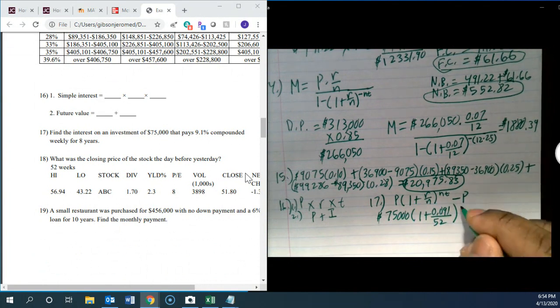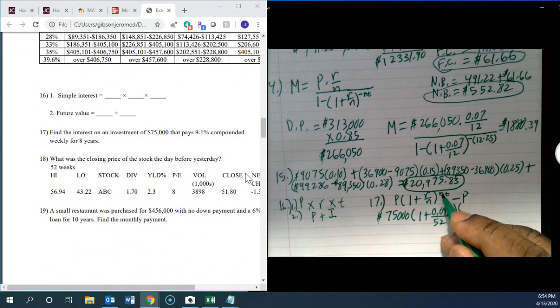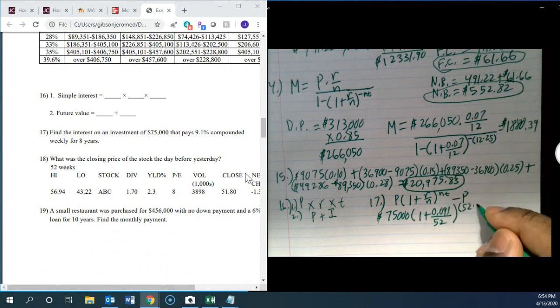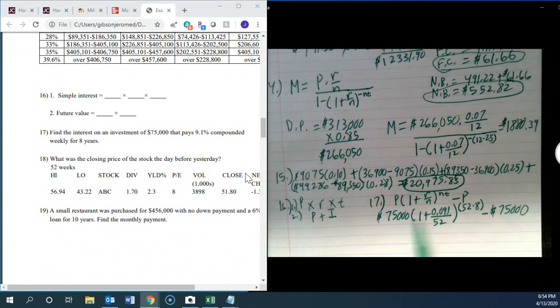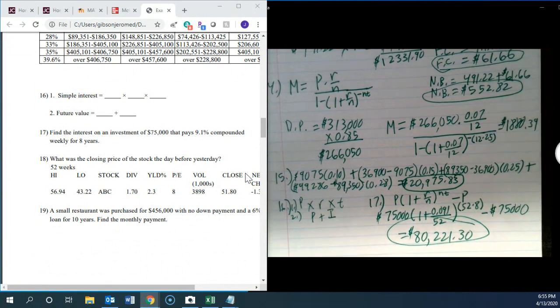And then the exponent is the number of times it's compounded times the number of years, which is 8. And then minus the initial principal, which is $75,000. So now, after you put this in your calculator, your final answer here would be $80,221.30. That would be the interest that you will earn.